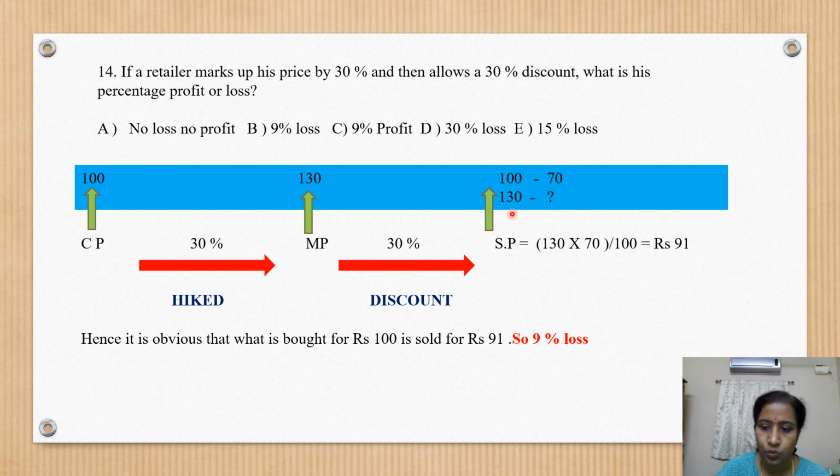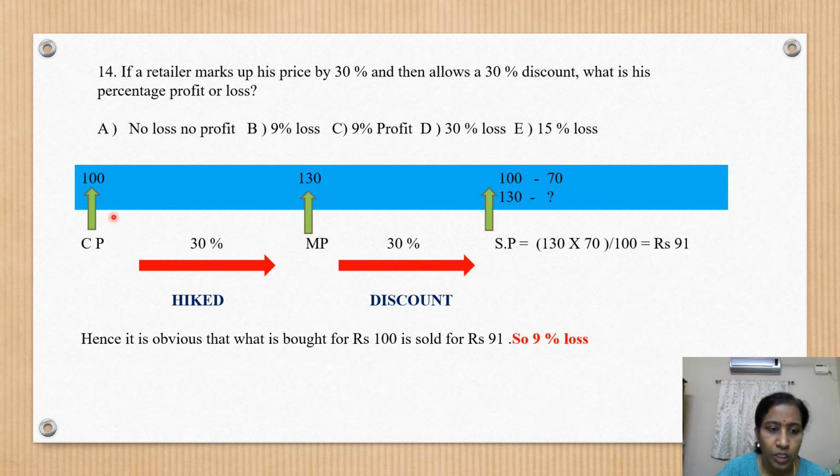If the marked price is 130, what is the selling price? So the same X, 130 into 70 by 100, I get 91 rupees. So what I am buying for 100 rupees, I am selling for 91 rupees. So the difference of 9 rupees is my loss. And since I am calculating on 100, that itself becomes my loss percentage, 9% loss.